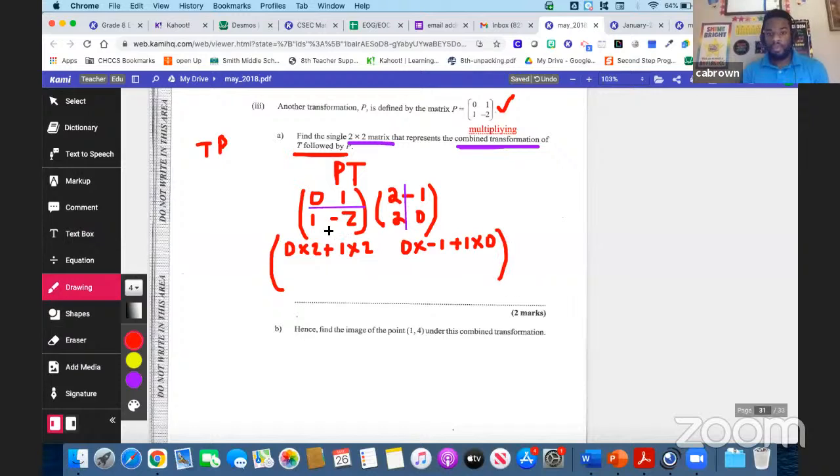Then we're going to be doing 1 times 2 plus -2 times 2. Then 1 times -1 and -2 times 0.